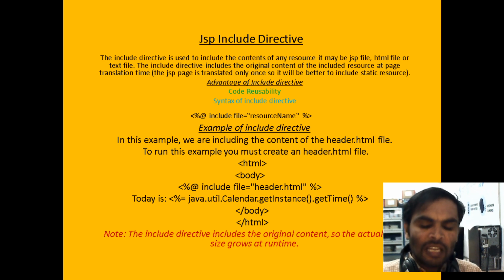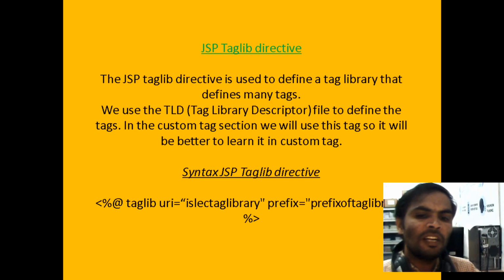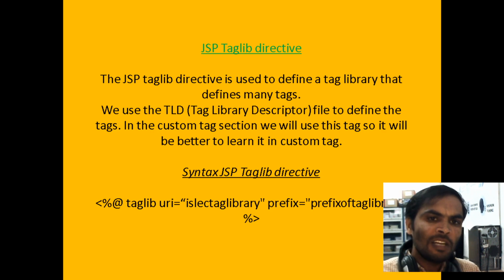Coming to the taglib directive, if you want to define your own tag or own element under the JSP, at that time we can use the taglib library. Under the taglib, we should give the descriptor about your tags. It is possible under the taglib.